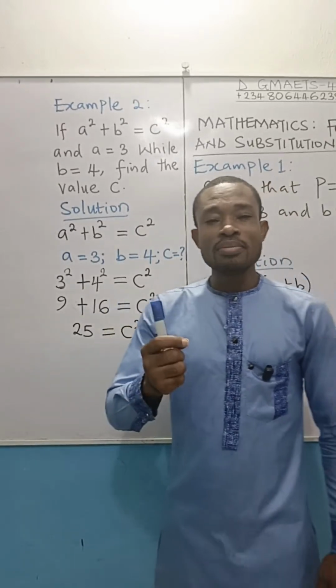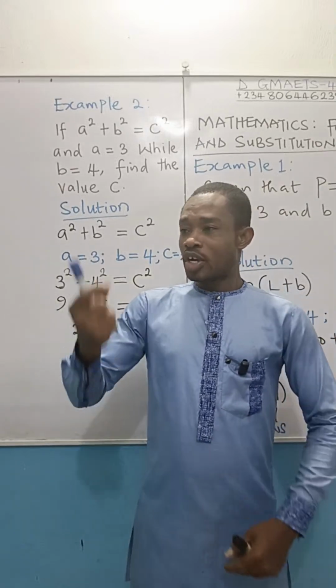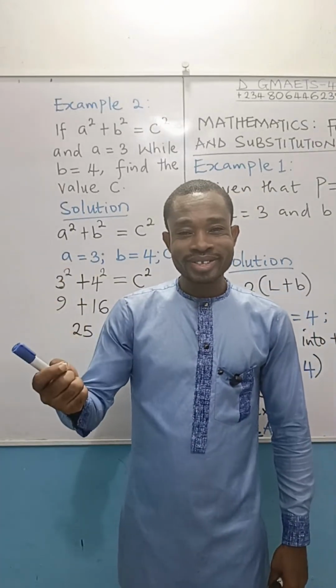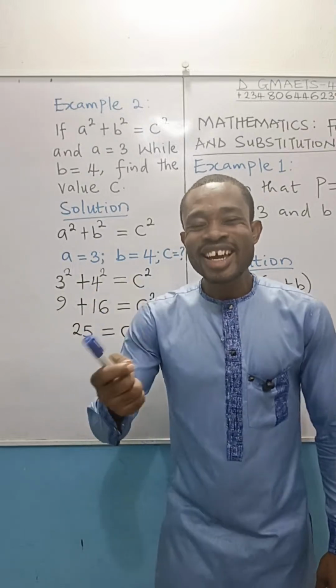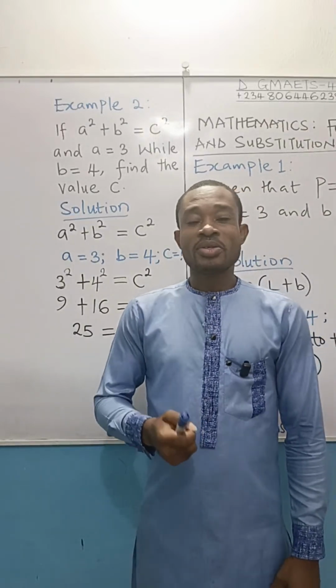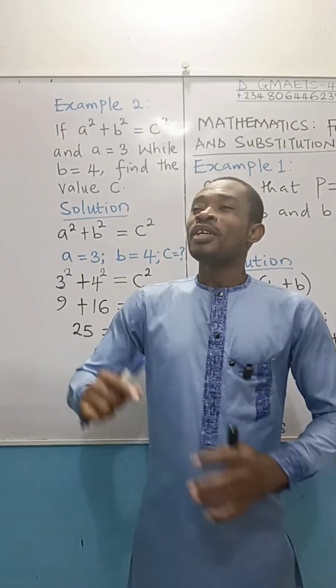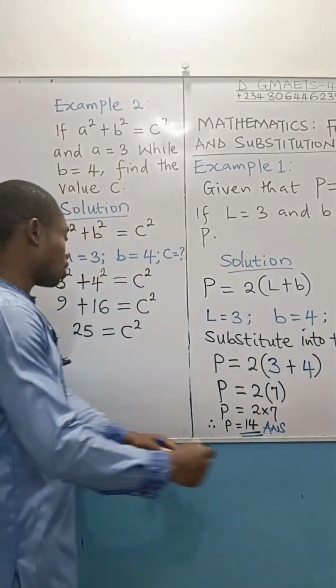And how do you remove square from an unknown? If I'm looking for something, an unknown, and it is carrying square, you take square roots. In mathematics, you are told you take square roots. Square root will remove square. Are you getting me right? And this is the symbol of square root.